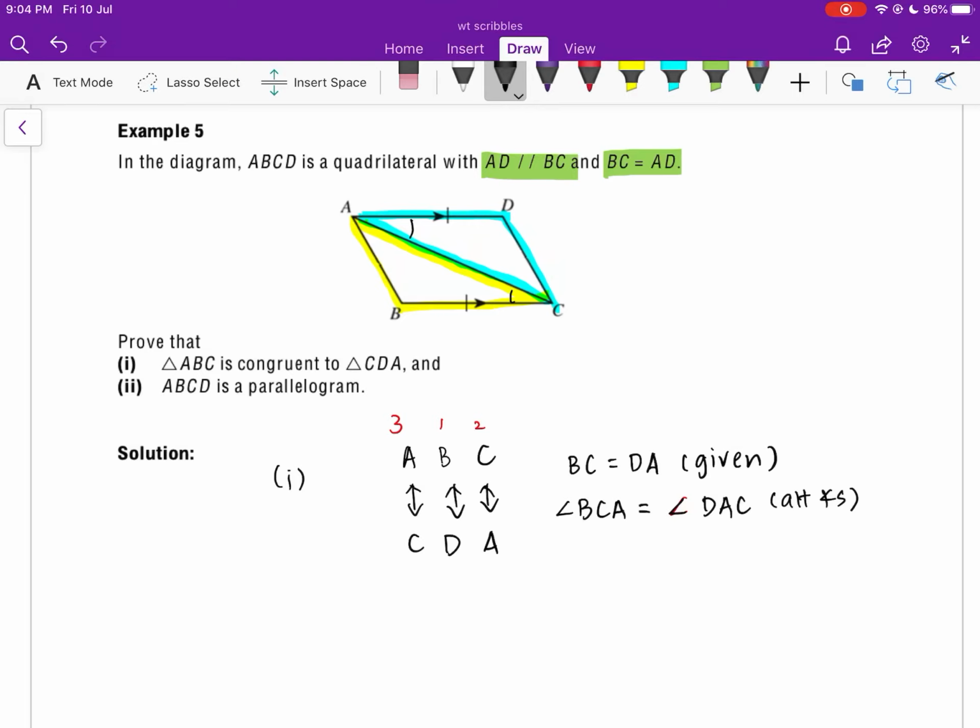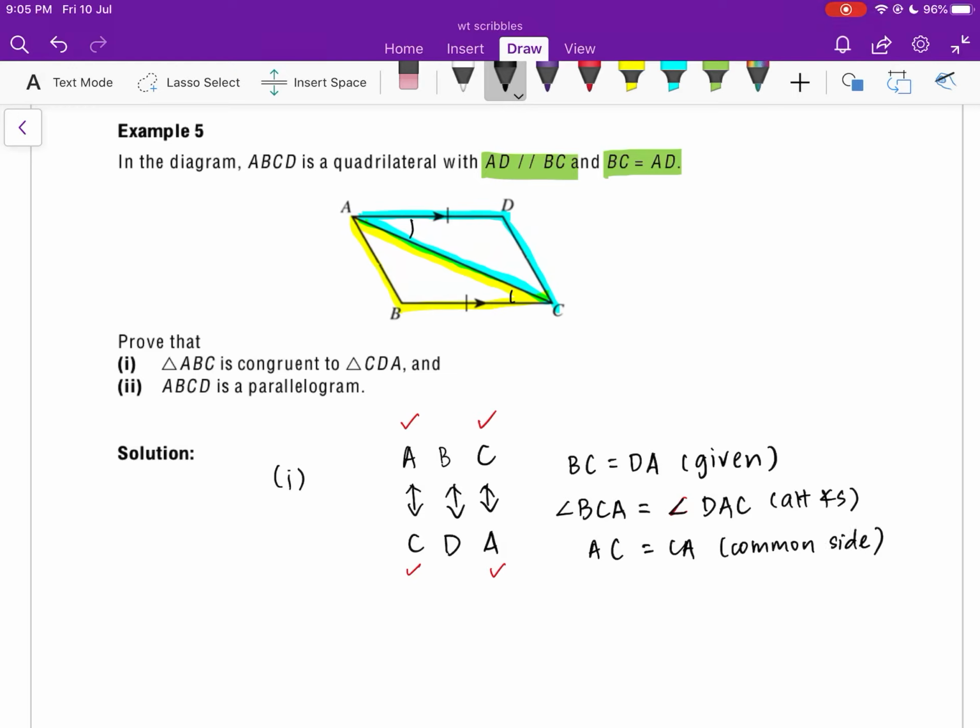On top of that, if you realize, they both share the same length, and the same length that they share is actually AC. So if I call it AC in one of the triangles, the other triangle would be CA. Do write down AC equals CA because it's a common side.